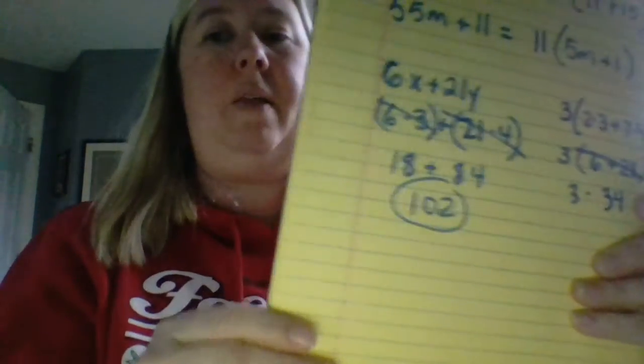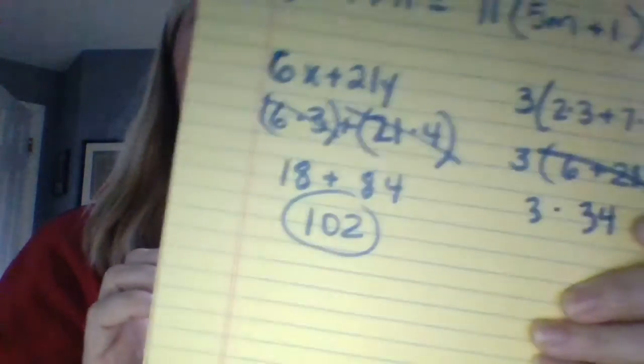So if we did 6 plus 28, 34 times the 3. So that's how that shakes out. And then we end up with 102 at the end, no matter what. Either way, we end up with the same answer. And so that's how that works.